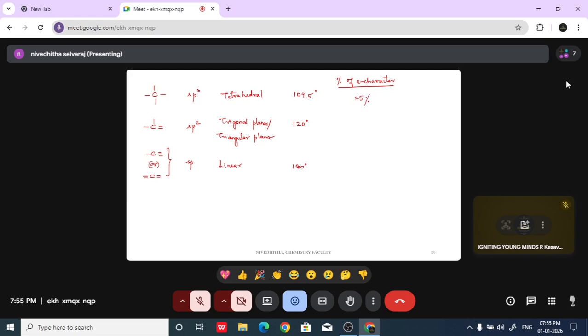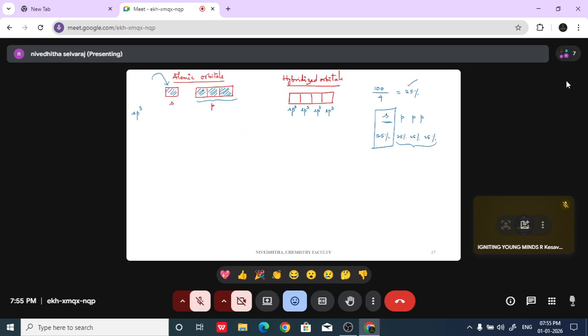Now, as far as sp2 hybridized orbital is concerned, what will be the percentage of s character? In sp2 hybridization, what are all the atomic orbitals involved in hybridization? This is s and this is p. One s orbital and two p orbitals were involved in hybridization.